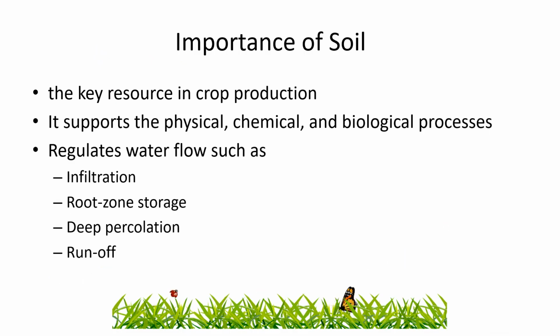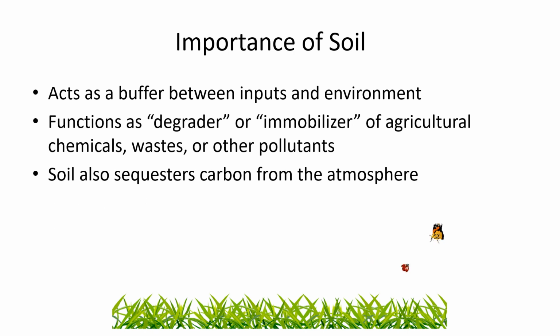So why do we discuss soil? Soil is the key resource in crop production. It supports the physical, chemical, and biological processes. It also regulates water flow such as infiltration, root zone storage, deep percolation, and runoff. It also acts as a buffer between inputs and the environment.